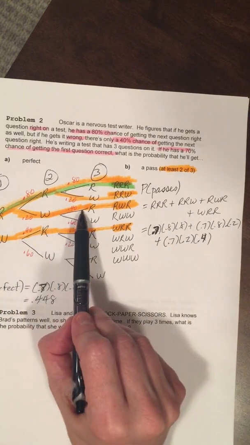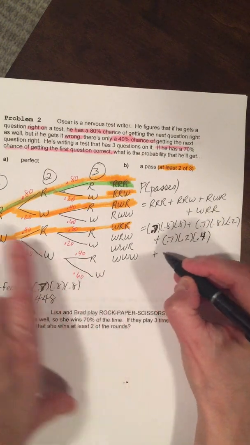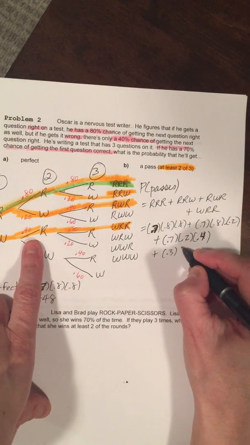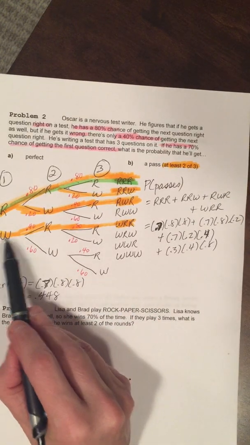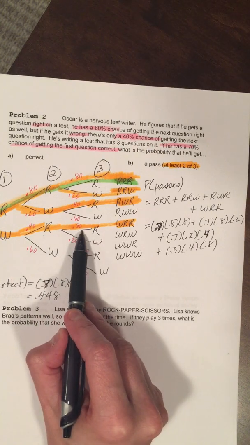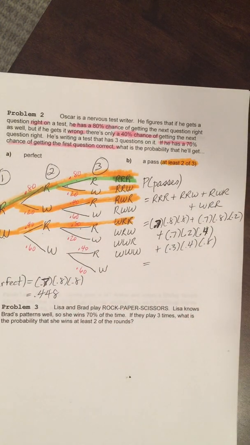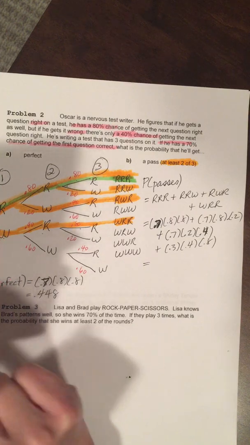Right, wrong, right. 0.7 times 0.2 times 0.4. And wrong, right, right. 0.3 times 0.4 times 0.8. Again, you can just see exactly me making the boo-boos, guys. You can see it right there. So let's get the calculator out. 0.7 times 0.8.